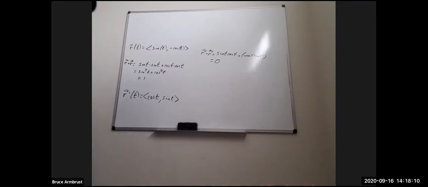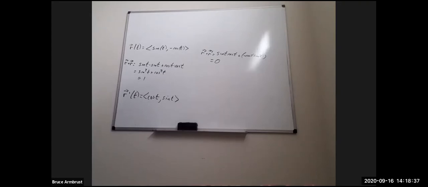So when I mentioned that the derivative is going to be orthogonal to r, it does happen a lot. It's for special things. This guy, I don't know if you recognize it. Can you imagine what that might look like if you graphed it parametrically?